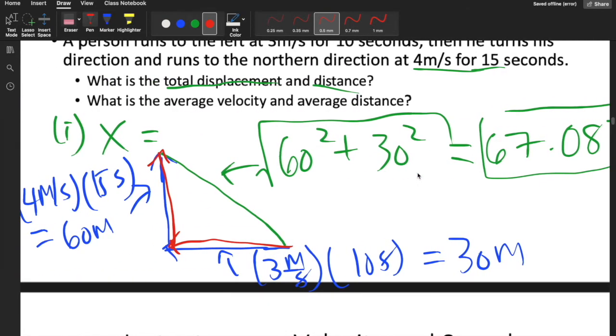So now let's do the second part of the problem. What is the average velocity and average distance? This should be average speed.